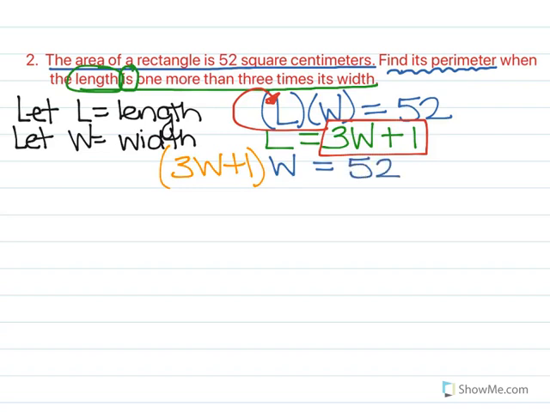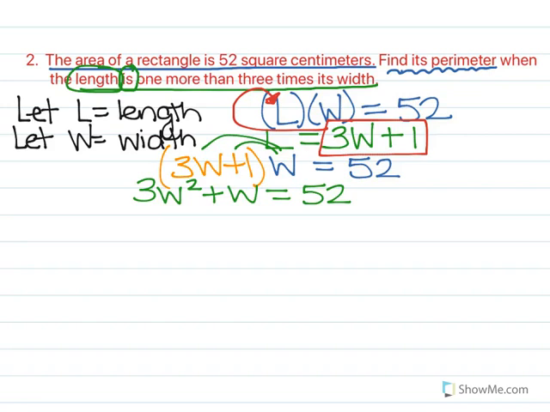The next step will be to distribute that W to each term. So you're going to end up with 3W squared plus W equals 52. And we always want to set these quadratics equal to 0.